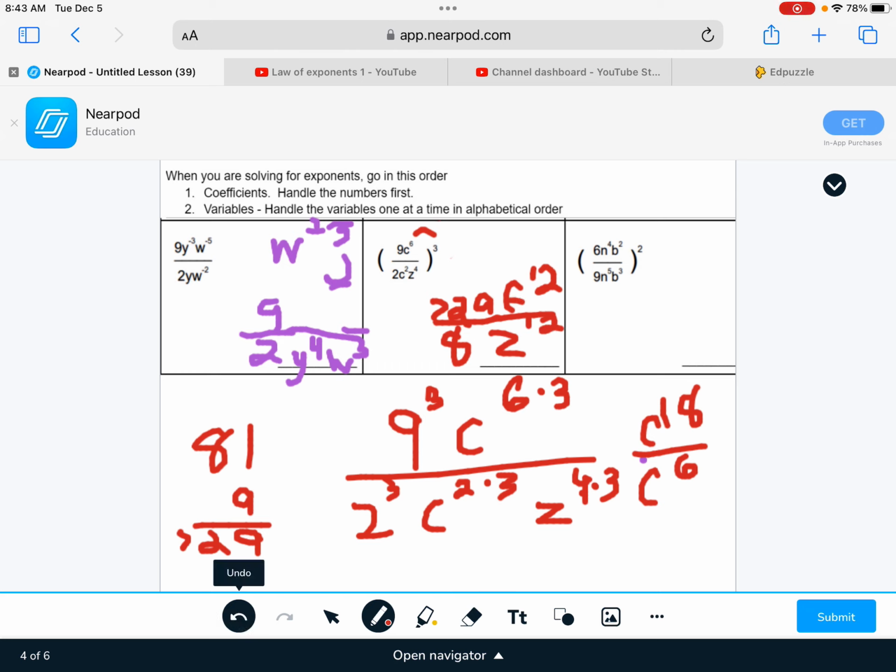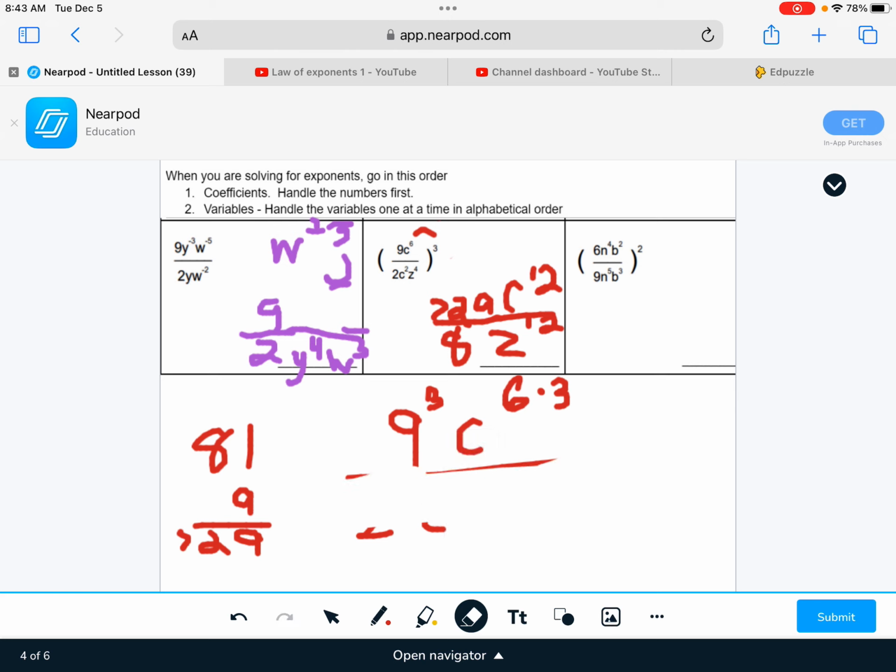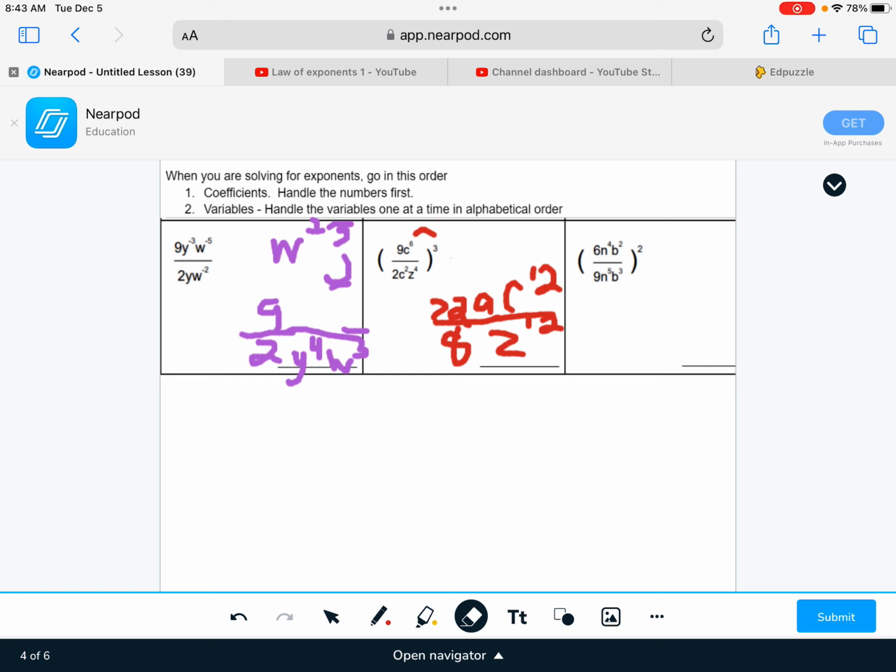All right, let's go ahead and do the last one. I can still take care of this. Something that I've done before that I know works a little bit better, so you don't have to do a lot of canceling, is we could actually cancel the stuff before we apply the exponent to it. So for example, 6 over 9 reduces to 2 over 3.